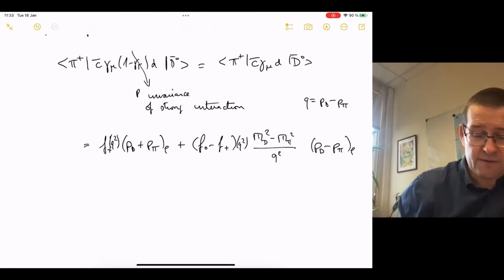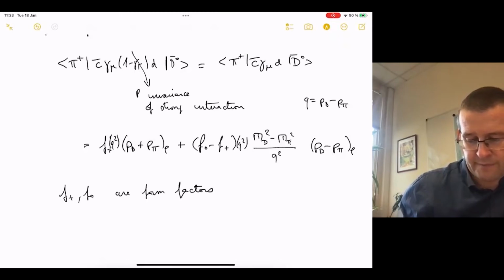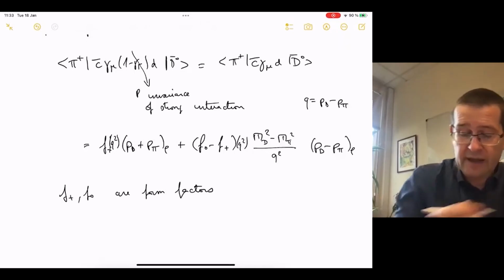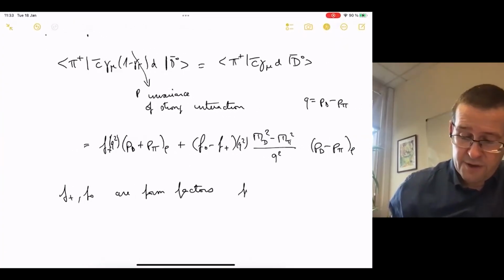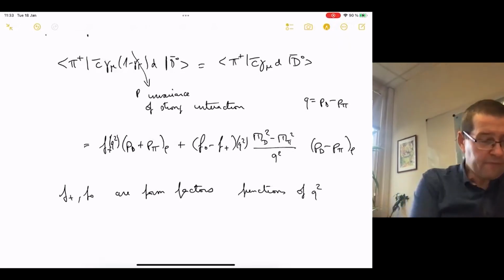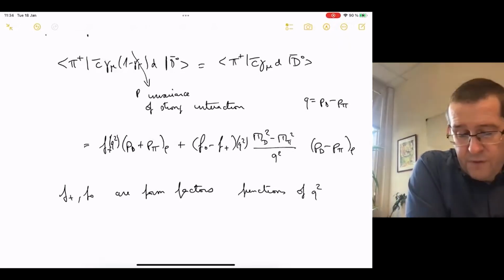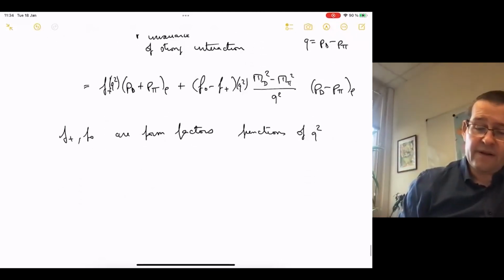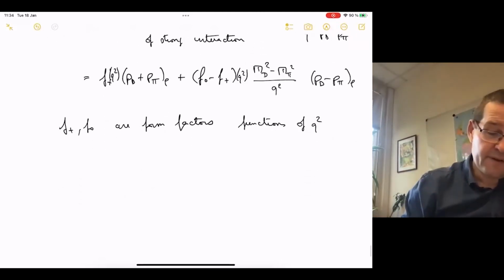Here, on the other hand, the two quantities F plus and F0, which are the so-called form factors, obtained from the Lorentz decomposition of the matrix element, are functions of Q squared. Okay, so obviously, I'll come back to that later.